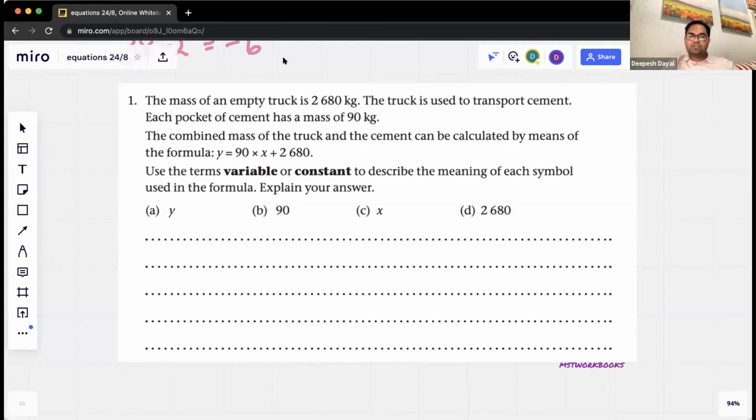Yes, okay, so you're saying all the letters are variables. Okay. Does everybody agree with that, or some of you are saying, oh no, that's not right? We do agree, sir. You agree? Okay.